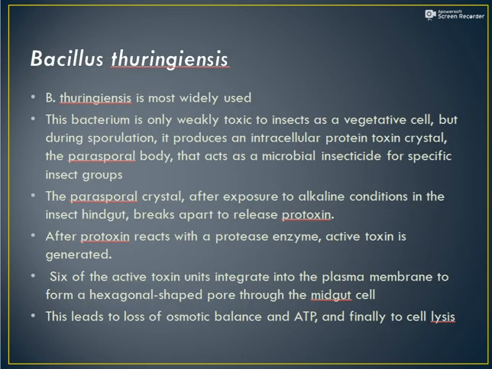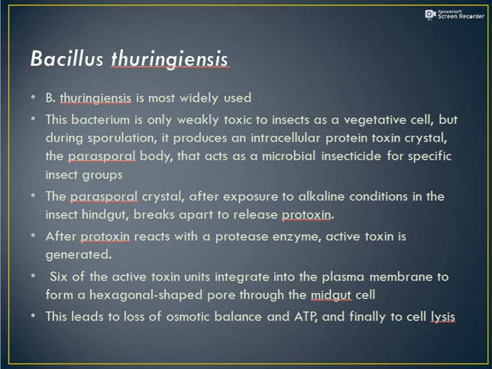Now, since Bacillus thuringiensis is the most widely used biopesticide right now, I would like to talk about Bacillus thuringiensis and its mode of action. This bacterium is weakly toxic to insects as a vegetative cell, but during sporulation, it produces an intracellular protein toxin crystal, the parasporal body, which acts as a microbial insecticide for specific insect groups.